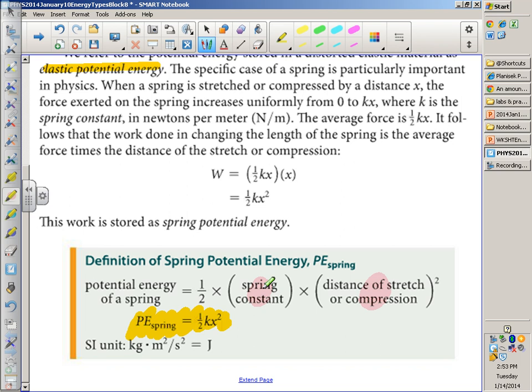So this rubber band has a spring constant, and a bungee cord has a spring constant, and a trampoline has a different spring constant, and the springs that make up the coils on your bed have a different spring constant. That's just a property of the material, and it affects how much energy it can apply to an object. Okay? Good there? All right.